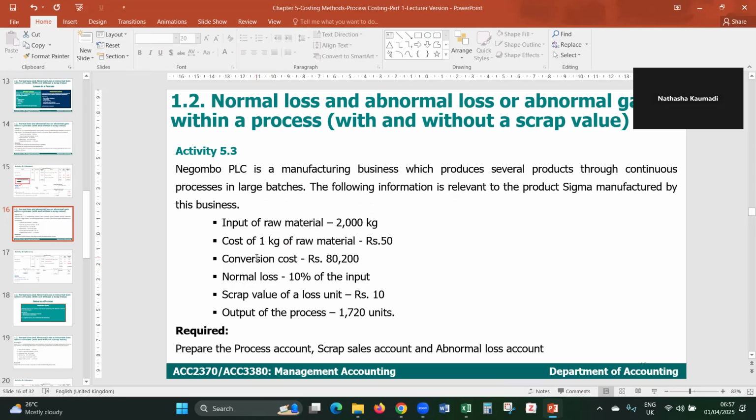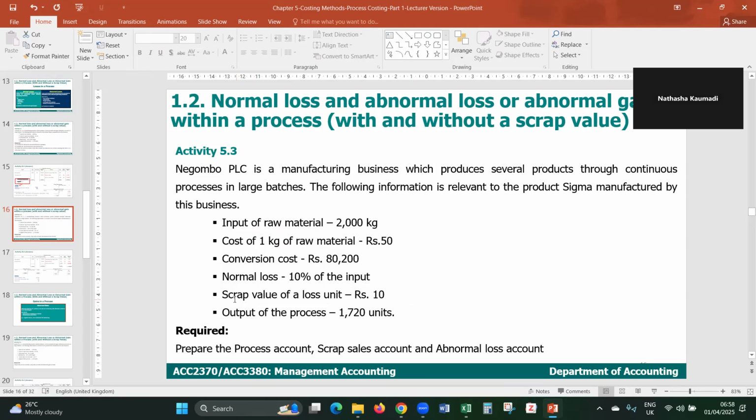So the information has been given. Input of raw material 2000 kilograms, cost of 1 kilogram of raw material 50 rupees, conversion cost 80,200. I told you conversion cost is the combination of direct labor cost and the manufacturing overhead. And then we have a normal loss, which is 10% of the input.